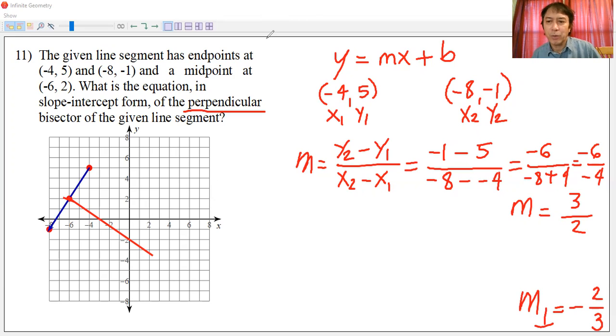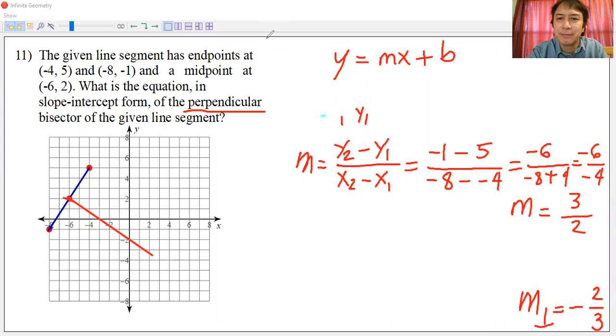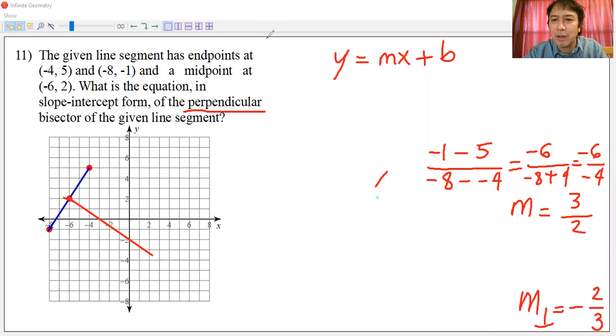Now we will be needing this negative 2/3 and the midpoint. The rest we can erase now, so we can write the equation.